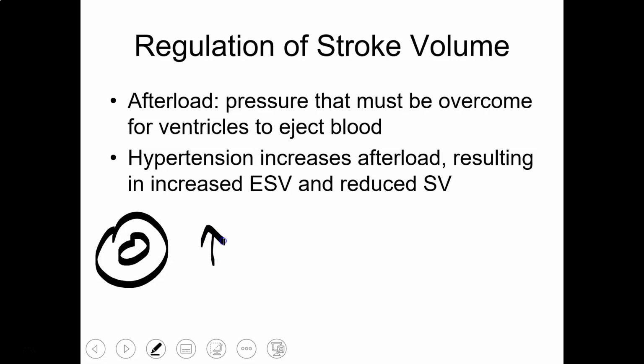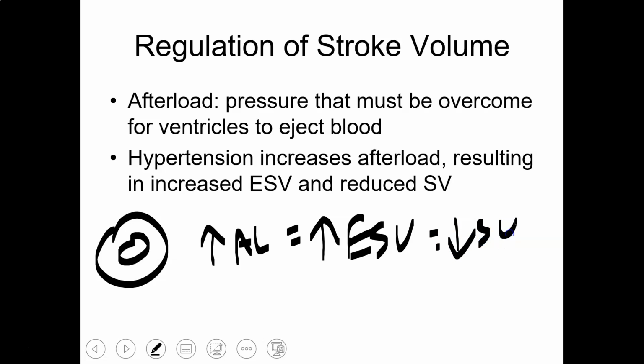If we increase afterload, we increase the end systolic volume. I mean, there's more blood left over because we're pushing back on the heart. Decreases stroke volume and decreases cardiac output. Hypertension increases the afterload.